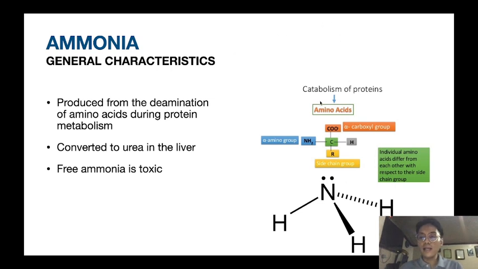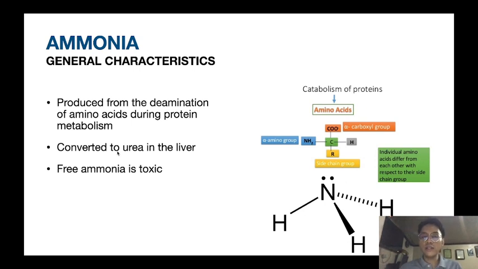So 'di ba, as you have learned sa inyong amino acids, ito yung ating structure ng amino acids, 'di ba? May amino group, carboxyl group, side chain group, hydrogen. So itong amino group, ito yung matatanggal sa amino acids. So this NH2 will become ammonia or NH3. Ito yung ammonia. So itong deamination of amino acids, itong NH2, matatanggal siya at yun ang magiging ammonia.